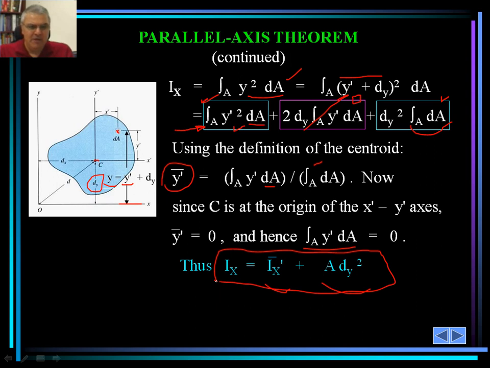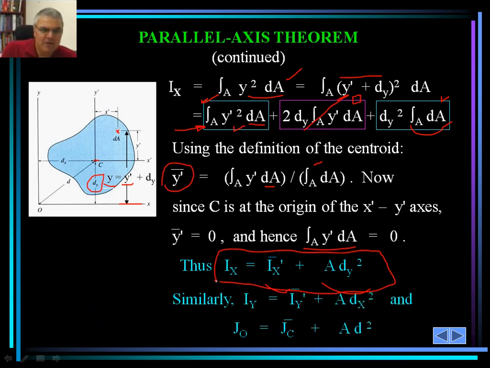Ix prime is nothing but the moment of inertia of an object with respect to its centroid, and A d sub y squared is nothing but squaring the distance between the two axes, multiplying it by the area. So this is really the bulk of the parallel axis theorem.